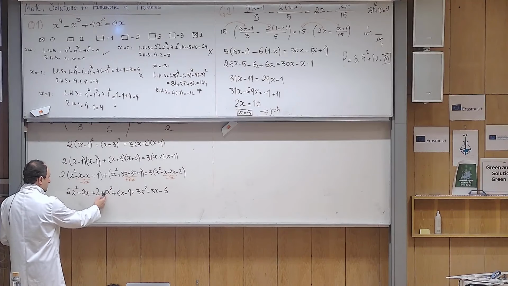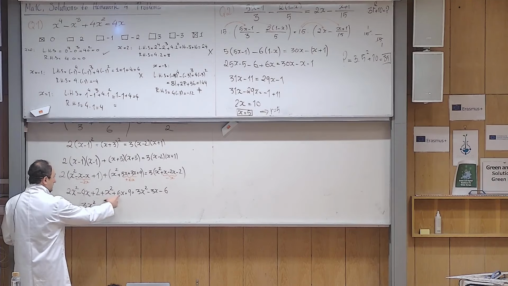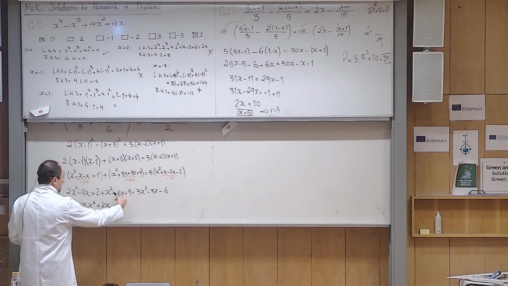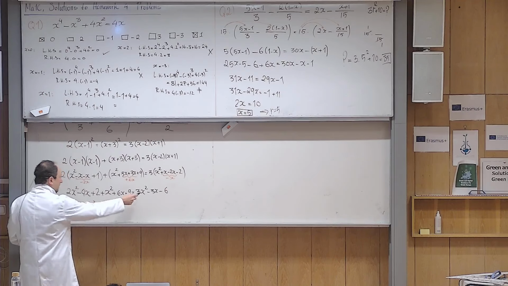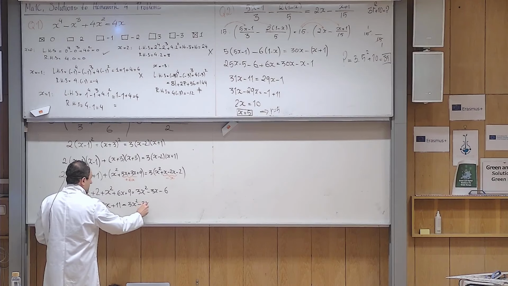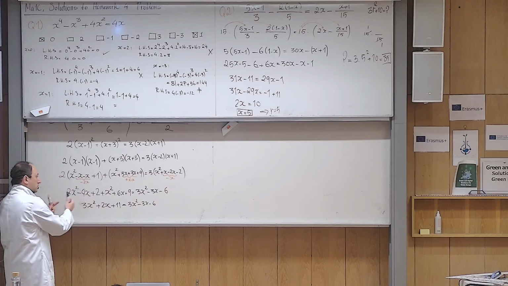So 2x squared plus x squared is 3x squared. Minus 4x plus 6x is 2x. 2 plus 9 is 11. And the other side is 3x squared minus 3x minus 6. And then I told you, you have to isolate your unknown on the left and the knowns on the right.